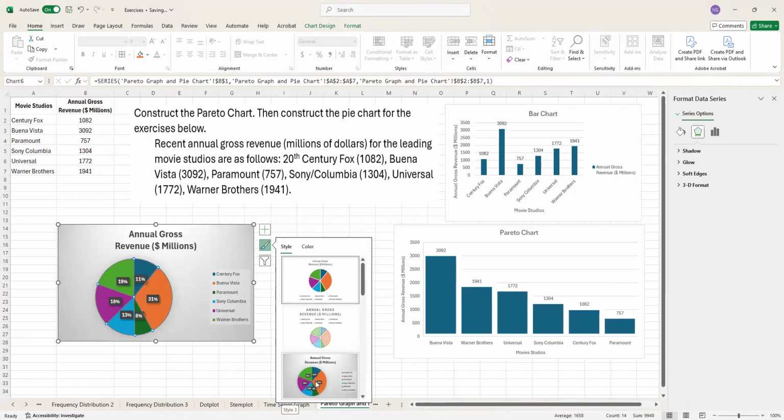Of course, manually, how were we supposed to construct a pie chart? Remember, constructing a pie chart, you need to convert every value you have here in terms of percentages. So how would you do it?